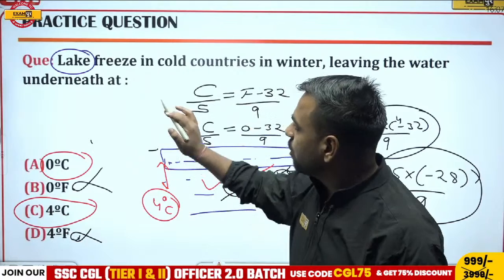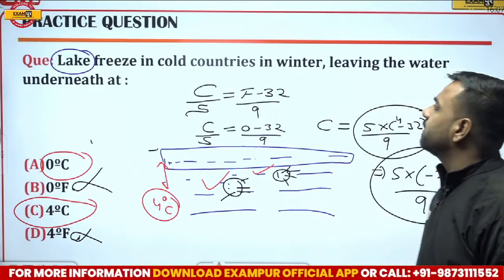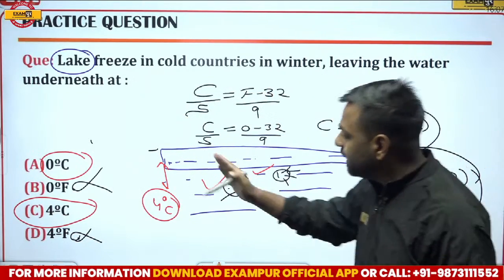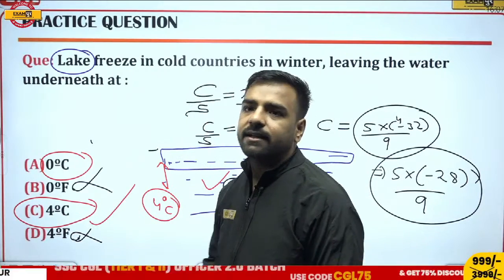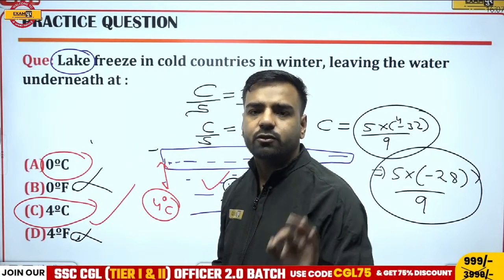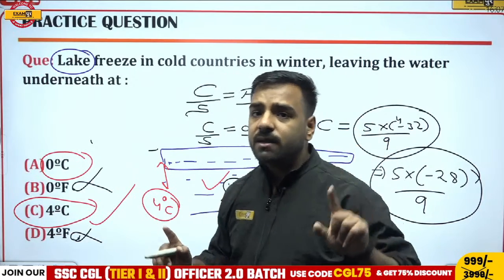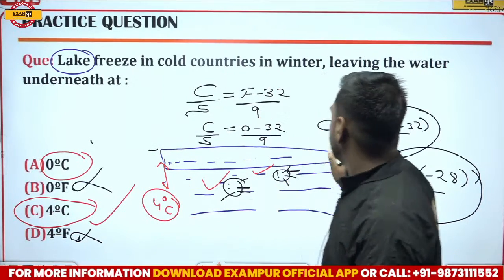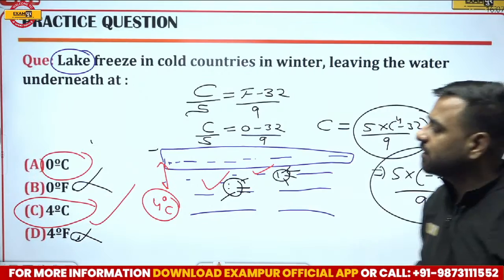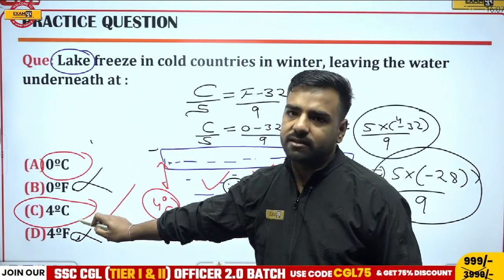So, this question says the lake freezes in cold countries in winter, leaving behind the water underneath at 4 degrees centigrade. So here option C will be correct. I have told you both the logics, one using the graph, and second, if I check the mathematical calculations also, then also 4 degrees centigrade is going to be the correct answer.